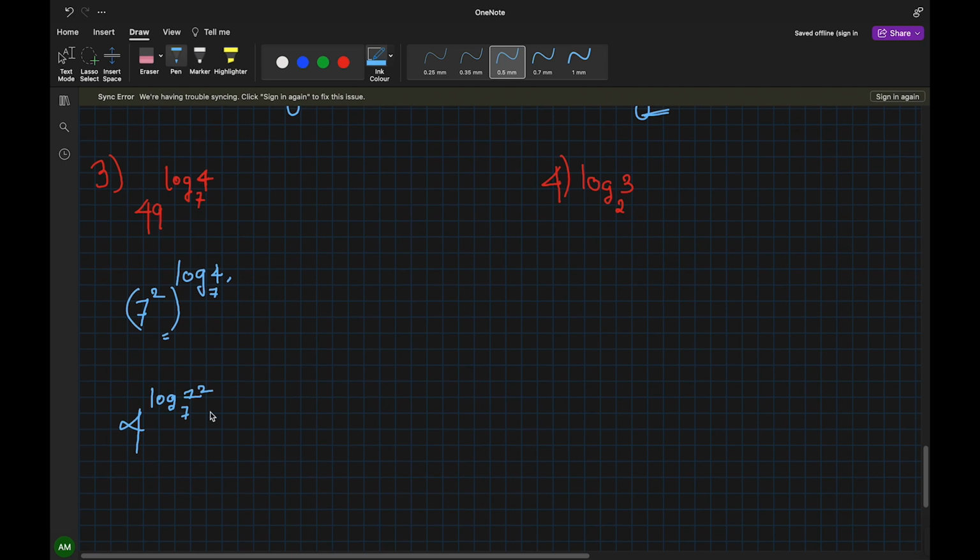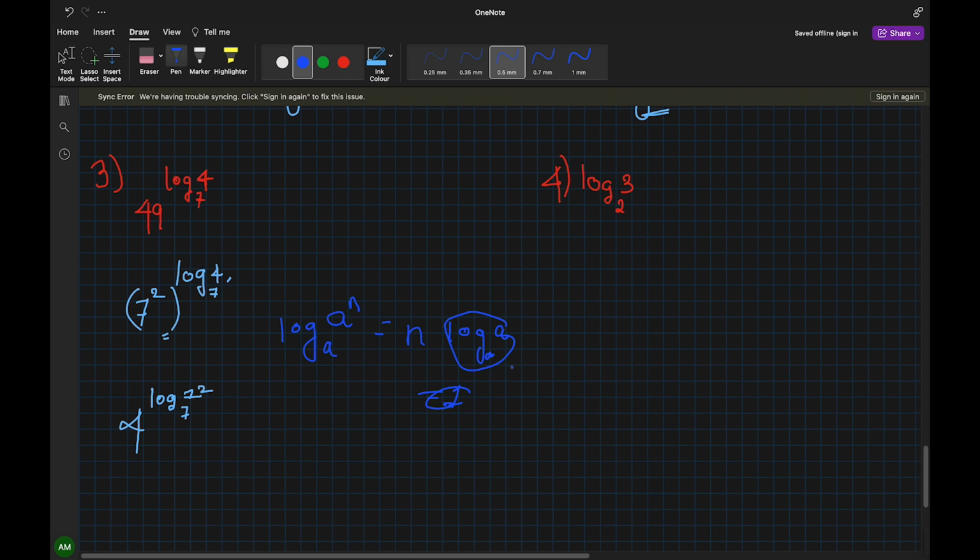Do you remember that property? Log of a power n is nothing but n times log of a. Now log of a base a is nothing but 1, I told you.